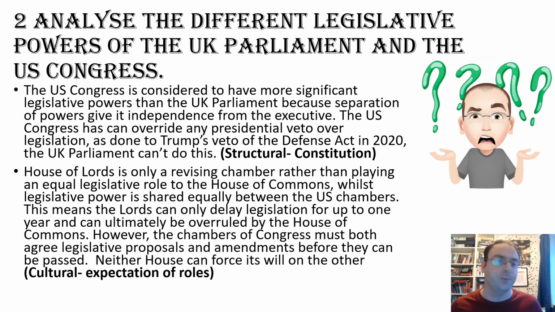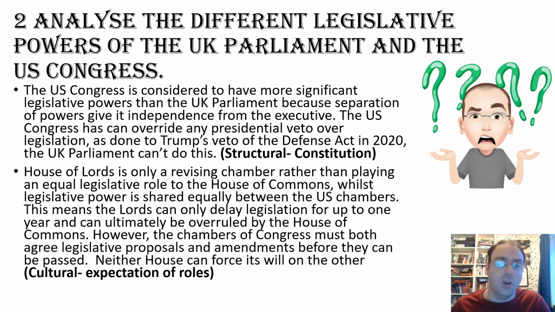So the next one is question 2. Analyse the different legislative powers of the UK Parliament and the US Congress. And this one, you'd have to bring in the different ideas, the different approaches. So the US Congress is considered to have more significant legislative powers than the UK Parliament because of separation of powers, given its independence from the executive.